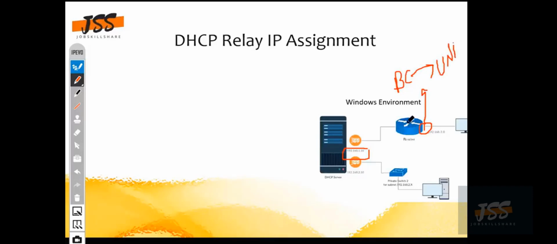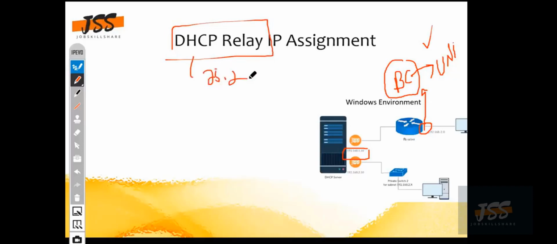Because the routers will allow the unicast happily, but they will not allow the broadcast. So DHCP relay is doing nothing, just converting your 255.255 broadcast into a unicast IP, which is going to be the IP of your DHCP server.